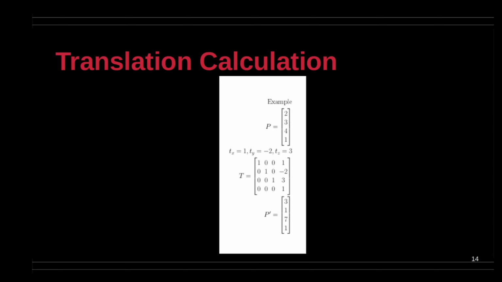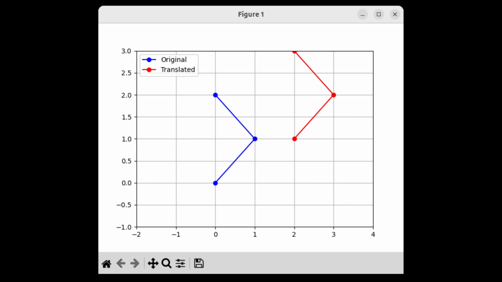Let us assume that the translation vector is composed with t sub x equal to 1, t sub y equal to -2, and t sub z equal to 3. These values represent the movement of the point P along the designated coordinate axes.